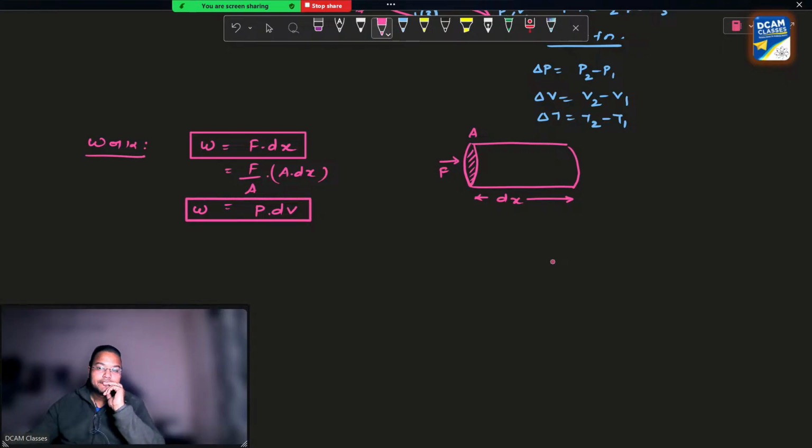Okay. Now I don't know whether you remember that concept that I've told you. Can you tell me what's the area under VT curve? Do you remember that one?